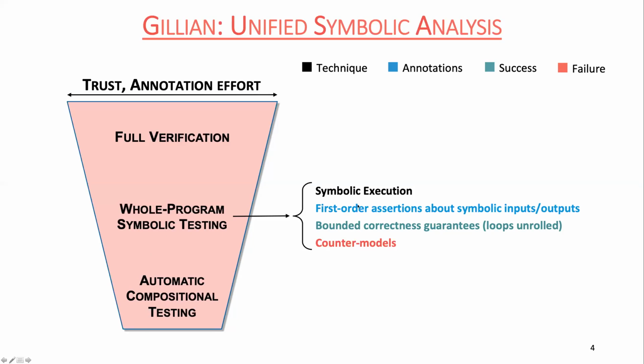In particular, we've got annotations that are first order assertions or formulae about these symbolic inputs and outputs. This is quite specialist, but we're hoping to get this nearer to general developers at some point. And either you get bounded correctness results or you get concrete counter models saying why your test hasn't worked.